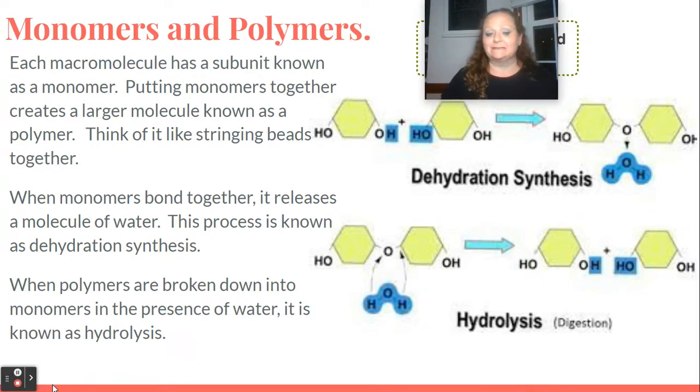The reverse process, when the polymers snap apart, is called hydrolysis. And essentially, that only is going to happen in the presence of water. It actually allows for the water to break down and then they'll rebond, as you can see in the picture that's been provided. So take a minute, look at these two pictures, dehydration synthesis and hydrolysis, and hopefully that will make sense as we move forward into our very first macromolecule.